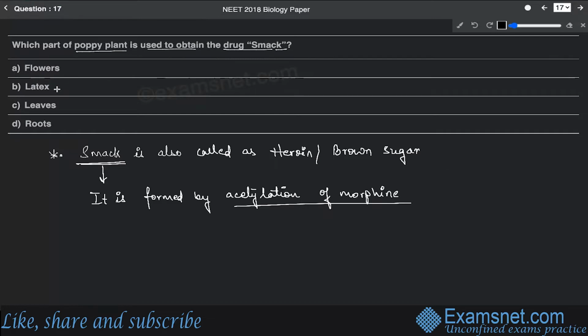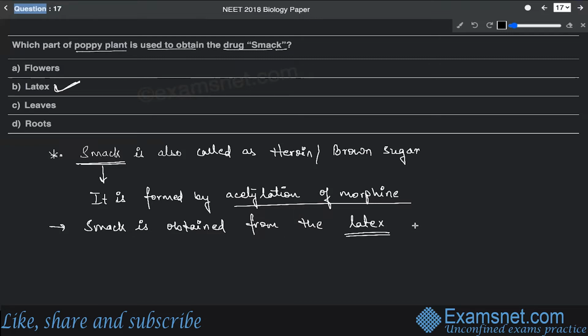All right, that means option B. So smack is usually obtained from the latex. Latex is basically a kind of yellowish secretion from the poppy plant. And this yellowish secretion from the poppy plant, which is called latex, is used for producing capsules of the poppy plant, and so they are being used as smack.